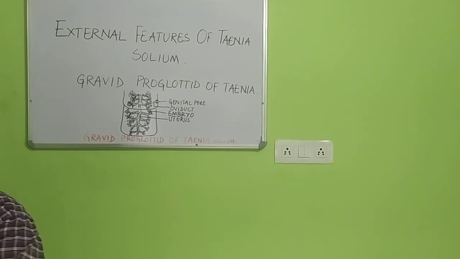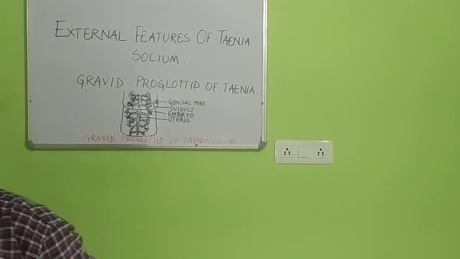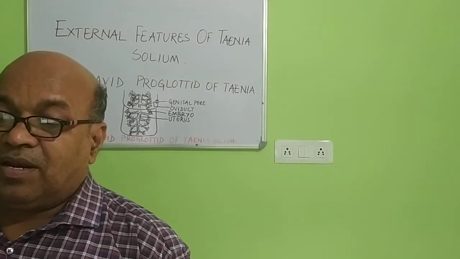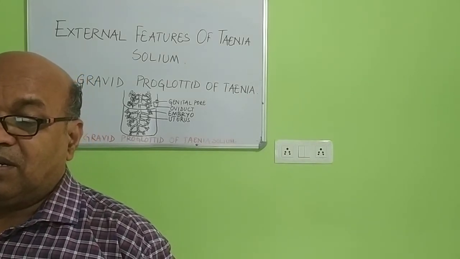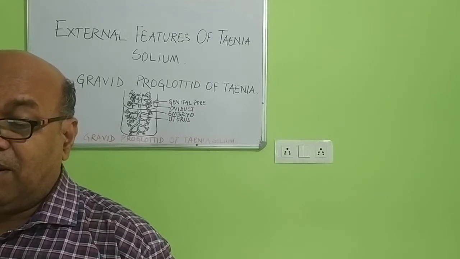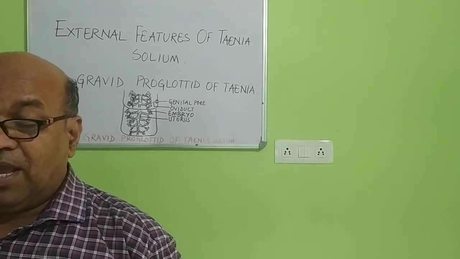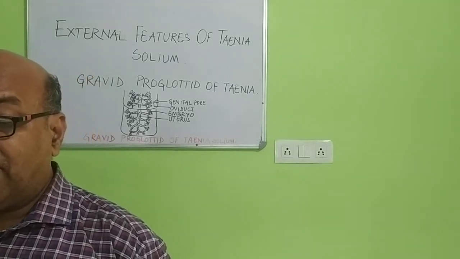Therefore, other associated structures undergo degeneration, and the segments are called gravid proglottids.